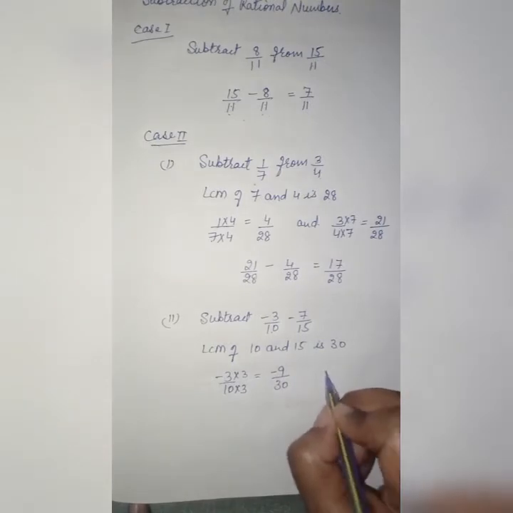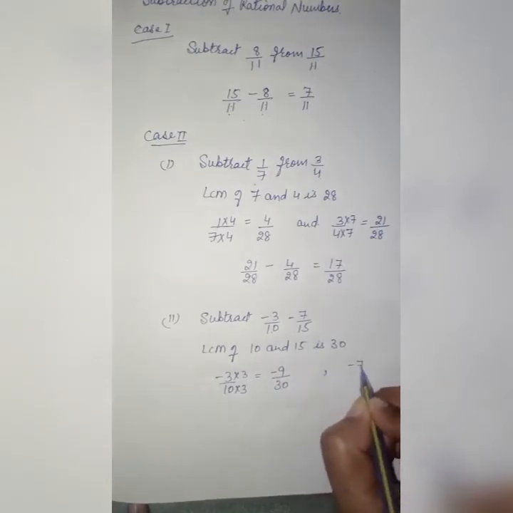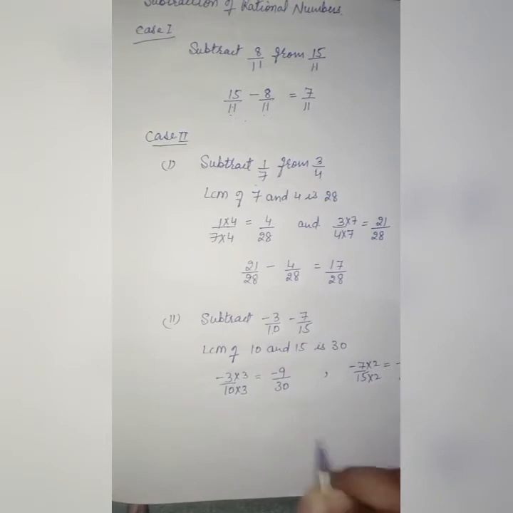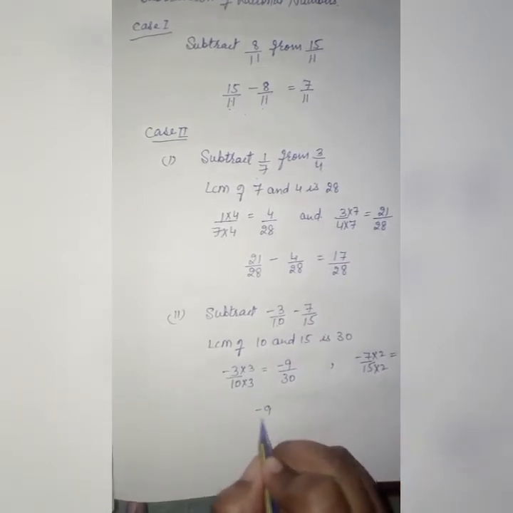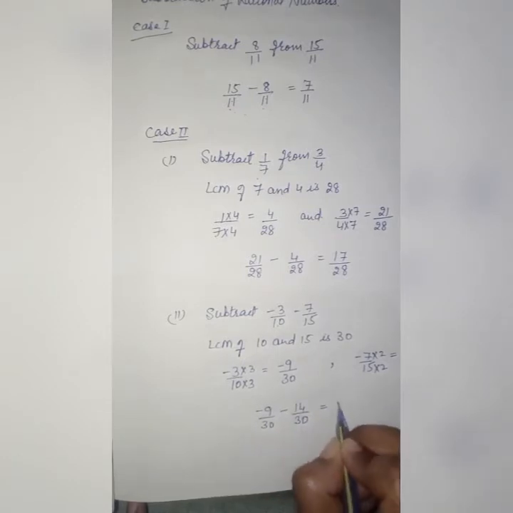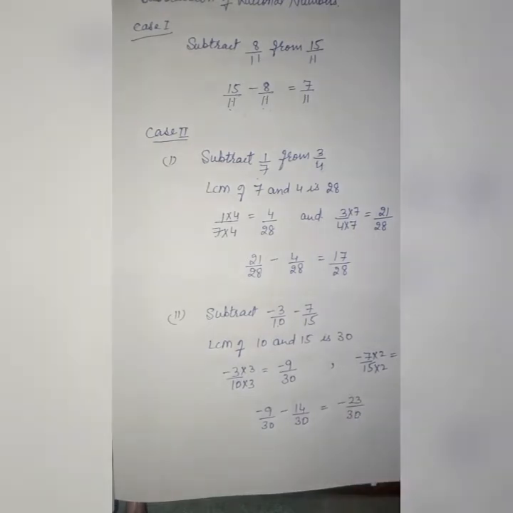And in the same way, minus 7 upon 15 into 2 into 2. Now you solve. Minus 9 upon 30 minus 14 upon 30, and answer will be minus 23 upon 30.